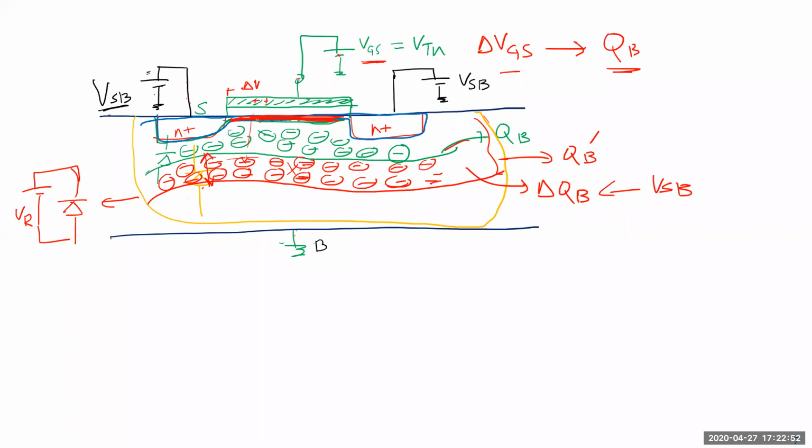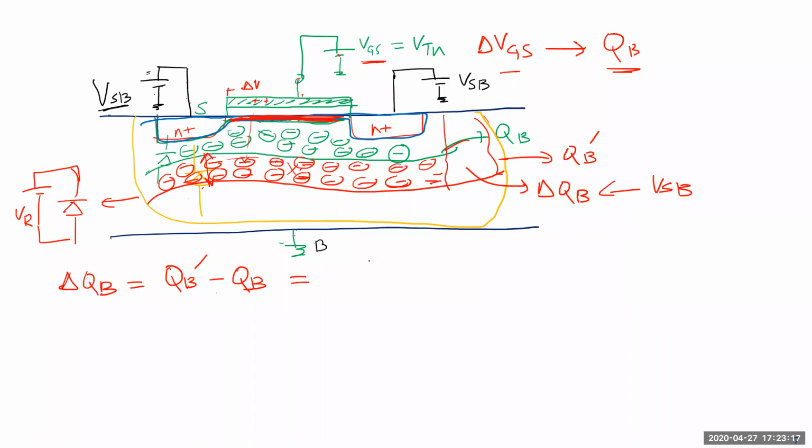The way I can bring it back is if I can provide this charge through the gate potential here, then I'll be back where I wanted. So in other words, this delta QB is QB dash minus QB, because QB dash is the total charge after I apply VSB, correct?